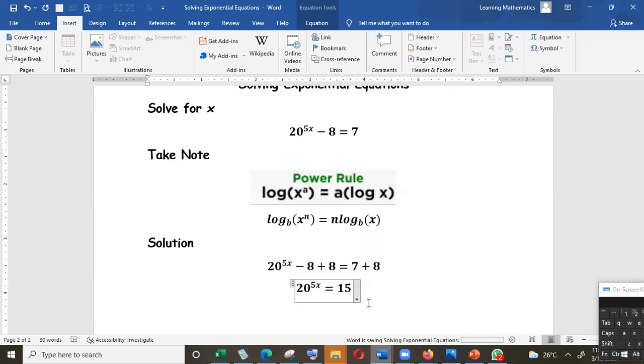That will suffice to apply the power rule to bring down the 5x to multiply, so that we can proceed to solve for x. We apply the power rule now because 20 raised to the 5x is by itself on the left side of the equation.